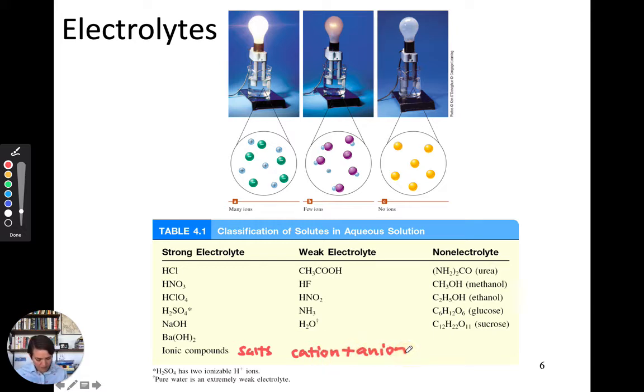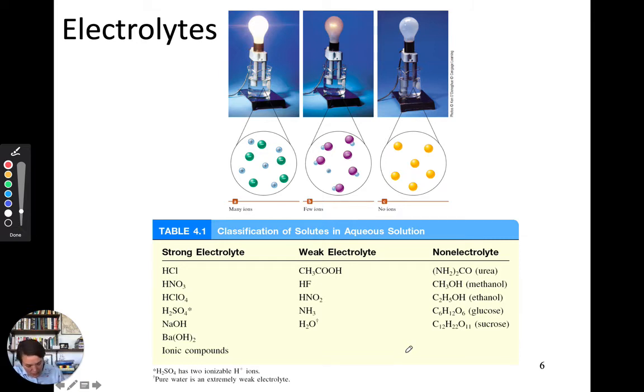And again, not all of them are going to be strong electrolytes, but many of them will. The examples from the conductivity lab, like sodium chloride, and I think you also had potassium nitrate, are all examples of strong electrolytes.